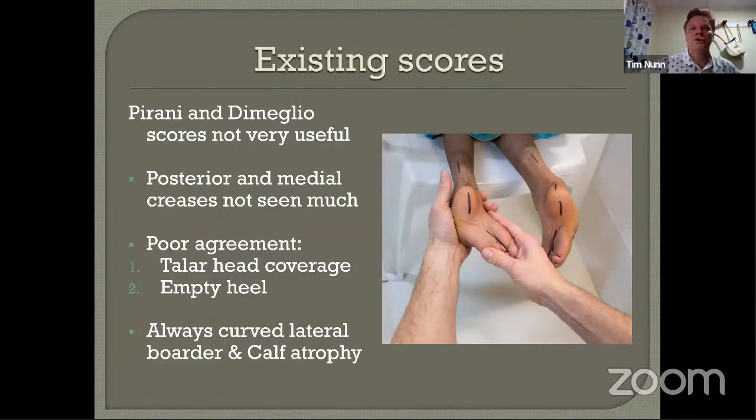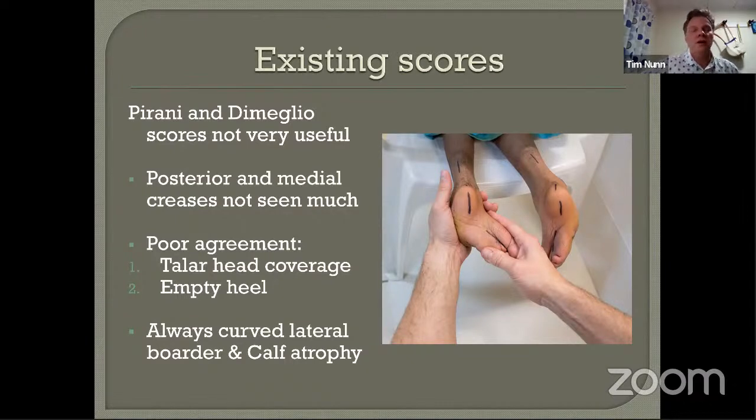The existing scores are exceptionally well known, particularly the Pirani score. But in the older foot, there are some issues, and as it turns out, it is not very helpful. There are no posterior and medial creases to observe on most of these delayed presenting clubfeet.